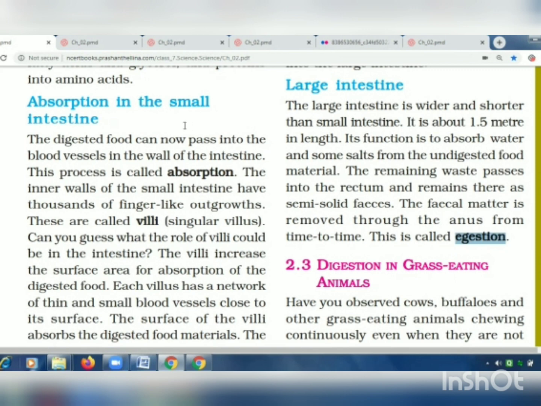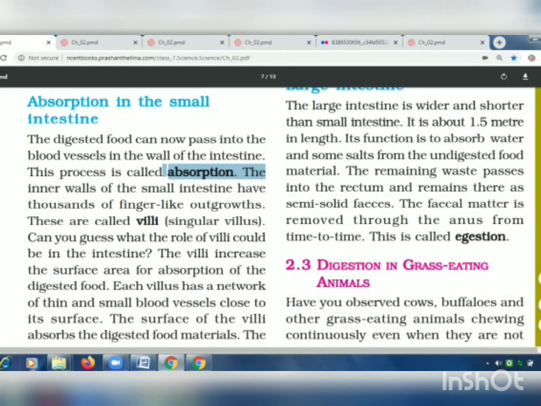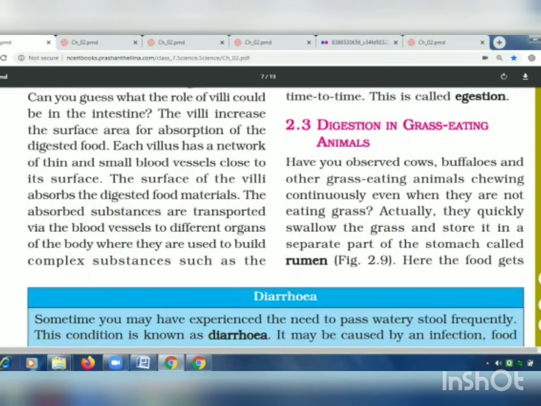So here we learned absorption. What is absorption? Absorption is the process of passing the digested food into the blood vessels by the wall of the intestine through the villi. Villi are finger-like outgrowths. Then we learned what assimilation is.